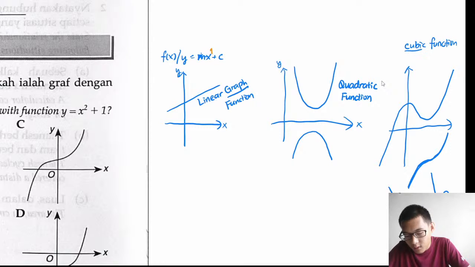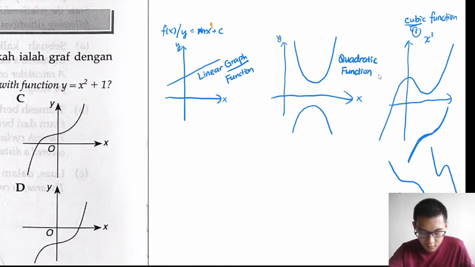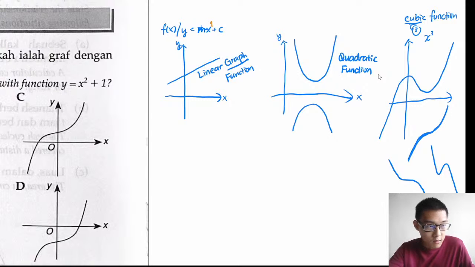What is cubic? It means we have a power of 3. If the variable has a power of 3, this is a cubic function. Starting from cubic functions, you can try to explore using the Desmos calculator.